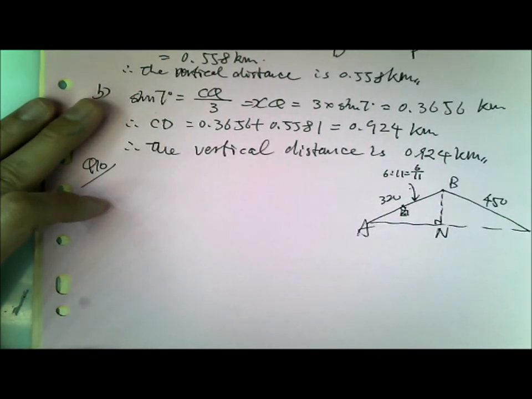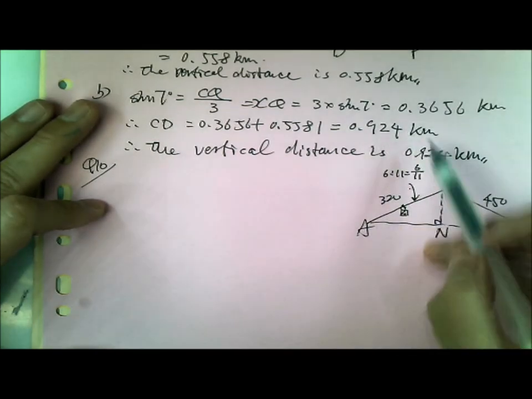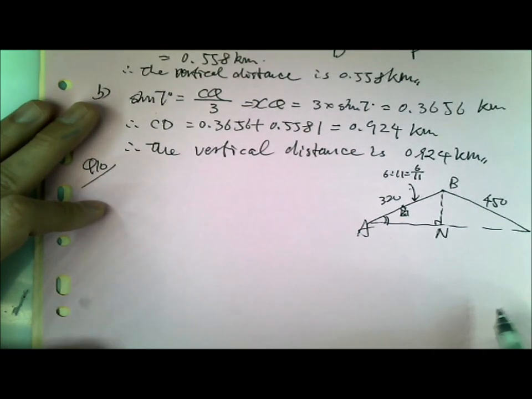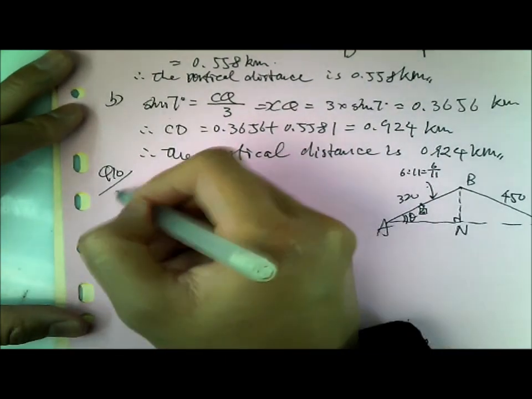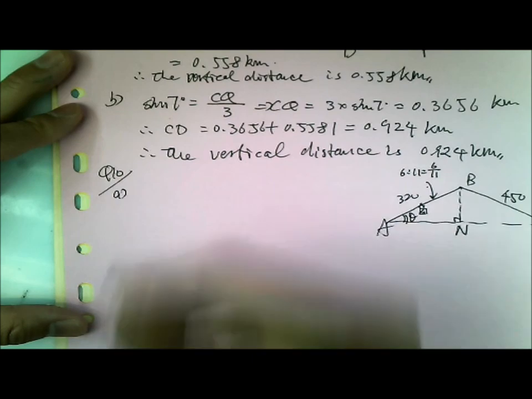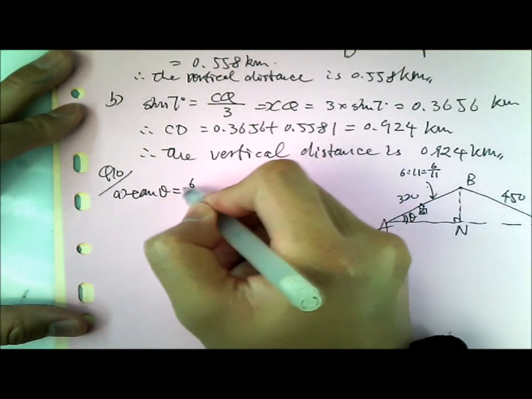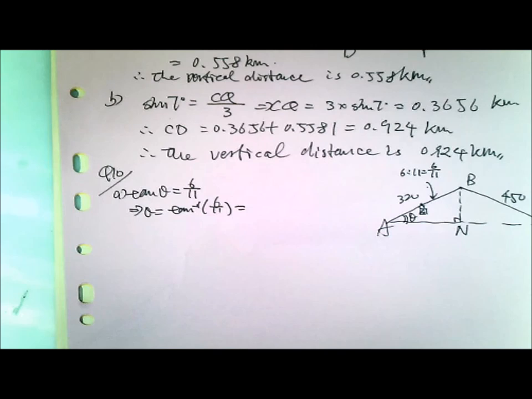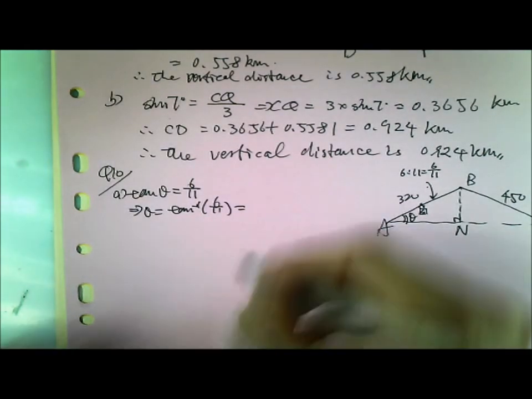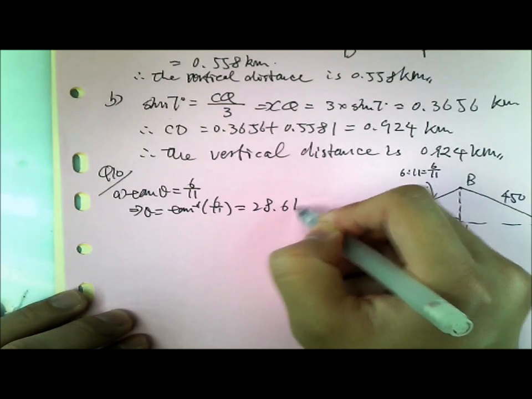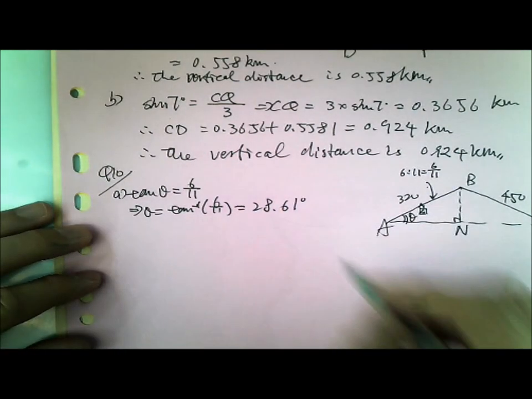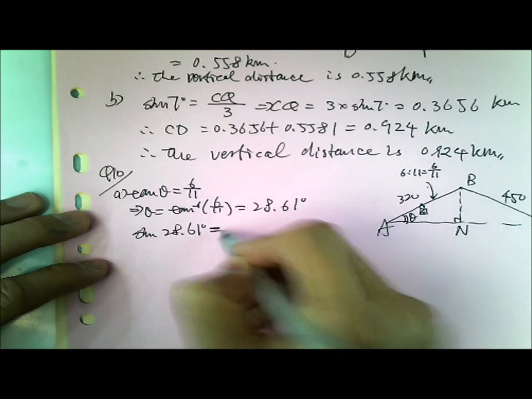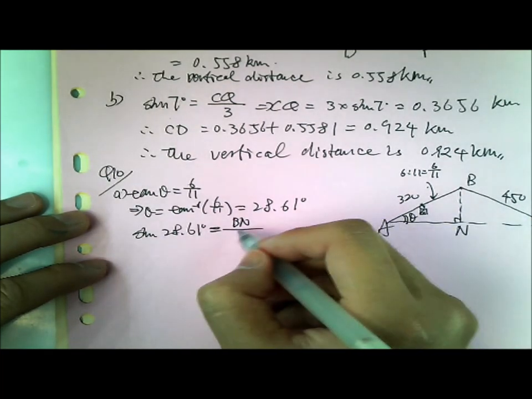Understand? So how to find? You can use this gradient to calculate this angle first, and then use sine. So we calculate this theta first. You can do tangent theta equal to 6 over 11, and then theta equal to arctangent 6 over 11. Go to your calculator. It will be 28.61 degree. Make it longer. Understand? And then again you use sine, right? Sine 28.61 degree equal to BN divided by 320.